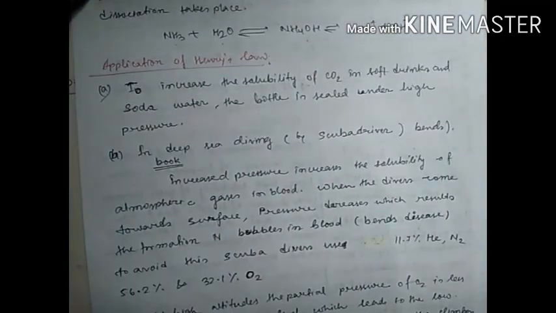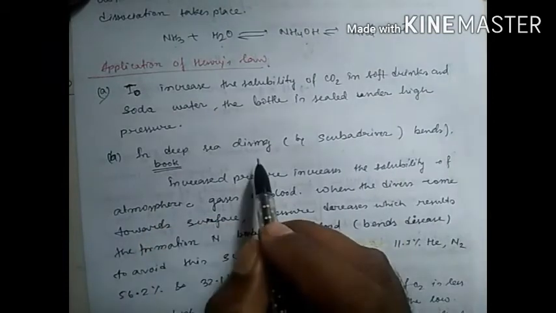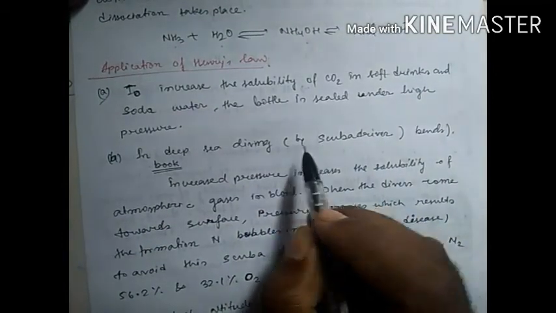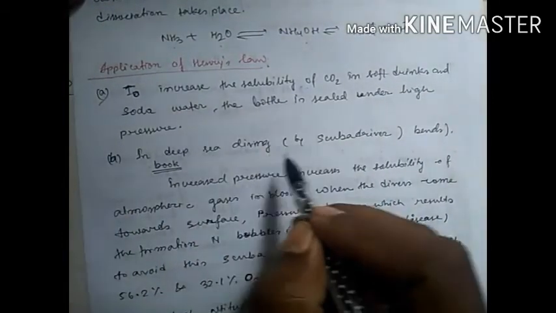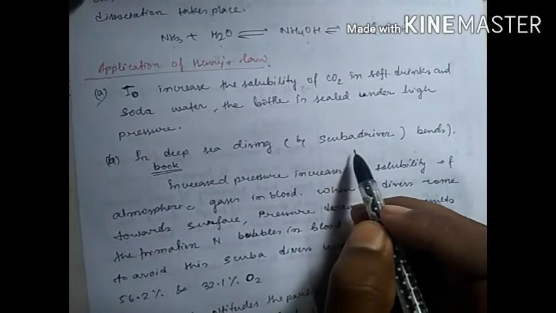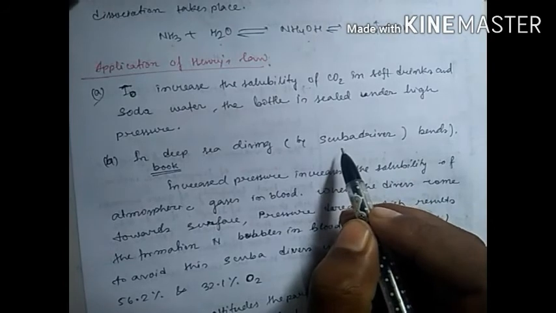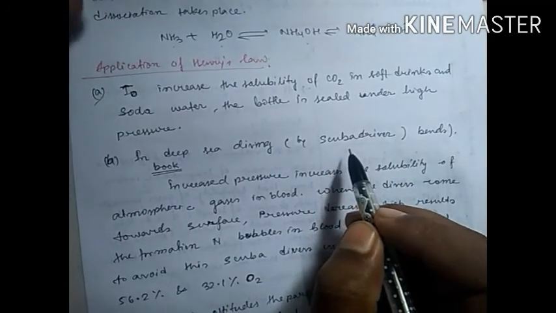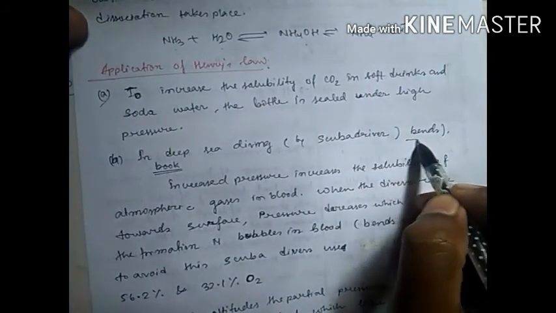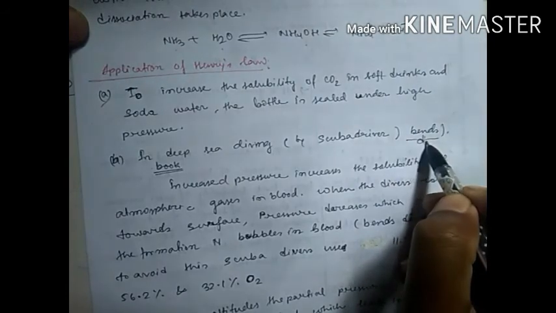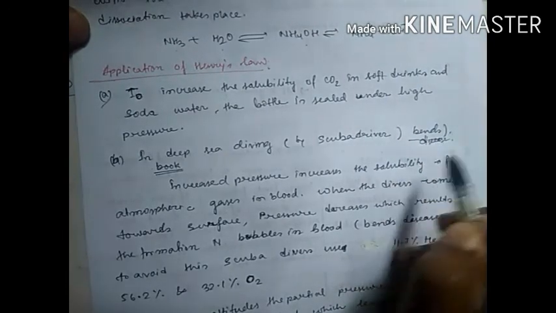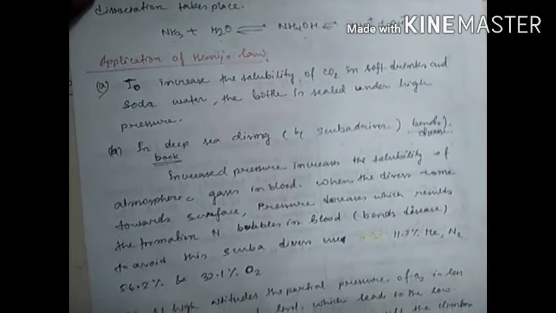Next, number B is in deep sea diving. A scuba diver who dives in the deeper sea can suffer from a condition known as Bends disease. Now what is Bends disease?